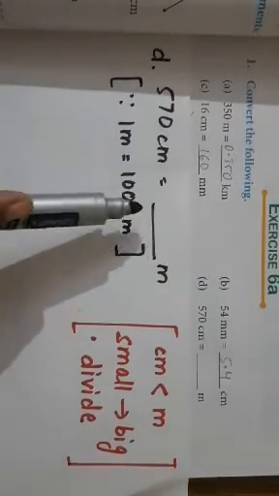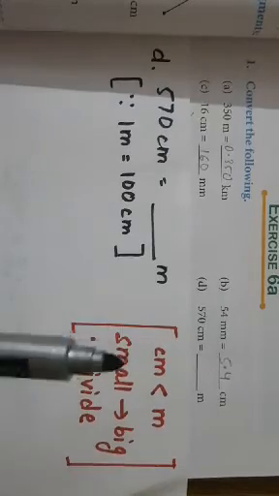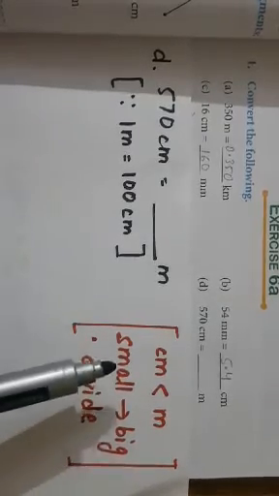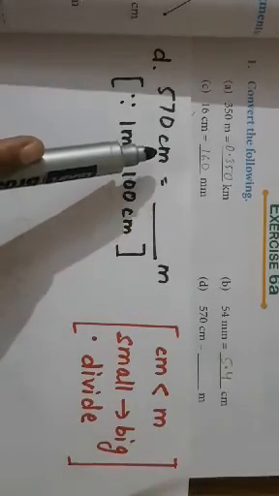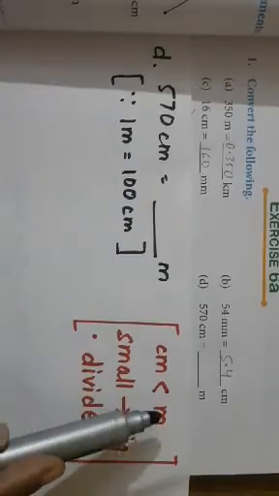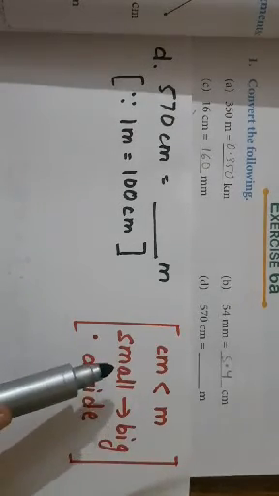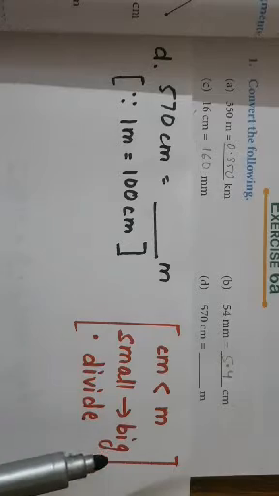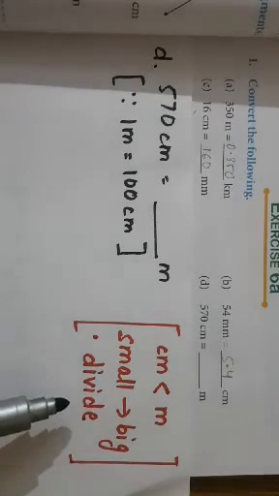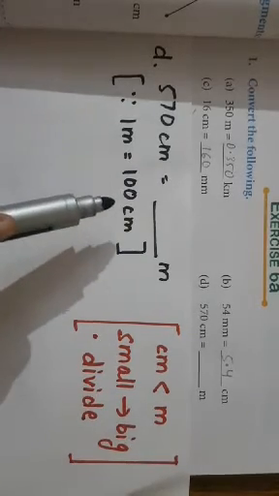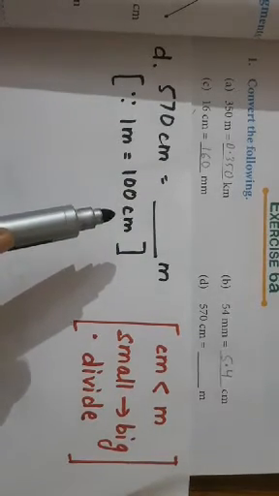Okay, let's do the D part of first question. That is 570 centimeter is equals to dash meter. Here you have to convert the smaller unit into bigger unit. Why? Because you have to convert centimeter into meter, and meter is bigger than centimeter. In that case we divide. What is the relation between meter and centimeter? 1 meter is equals to 100 centimeter, right?